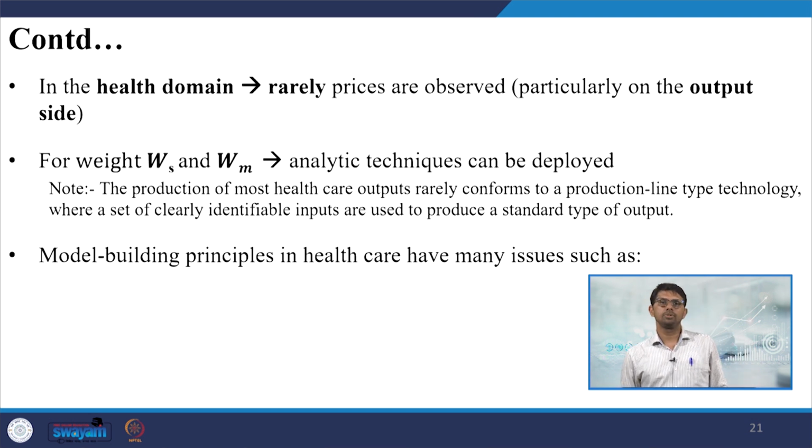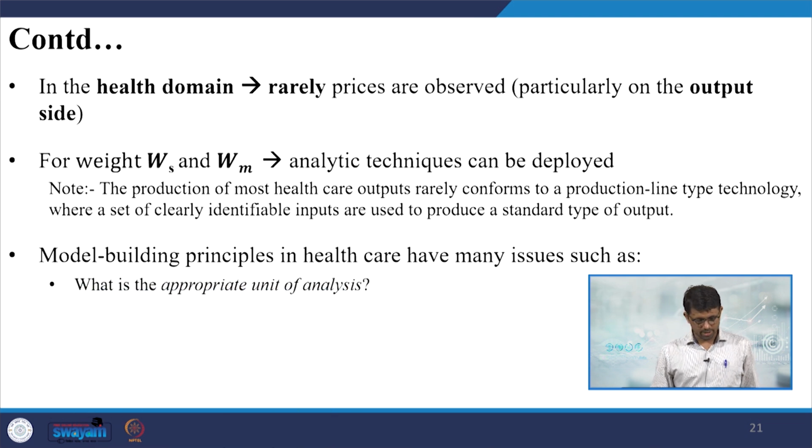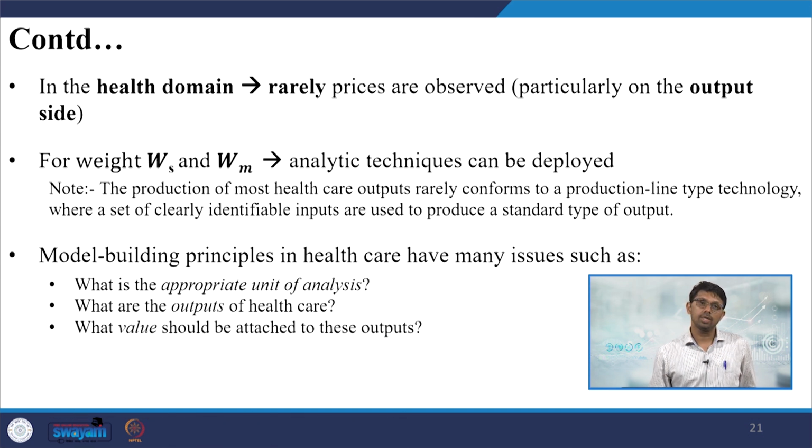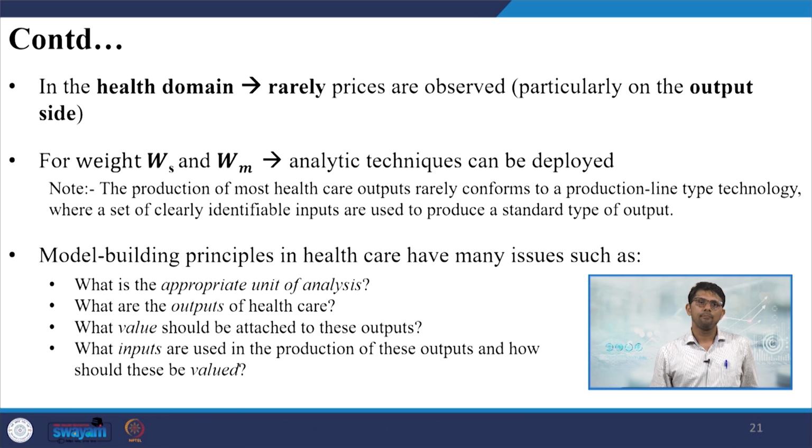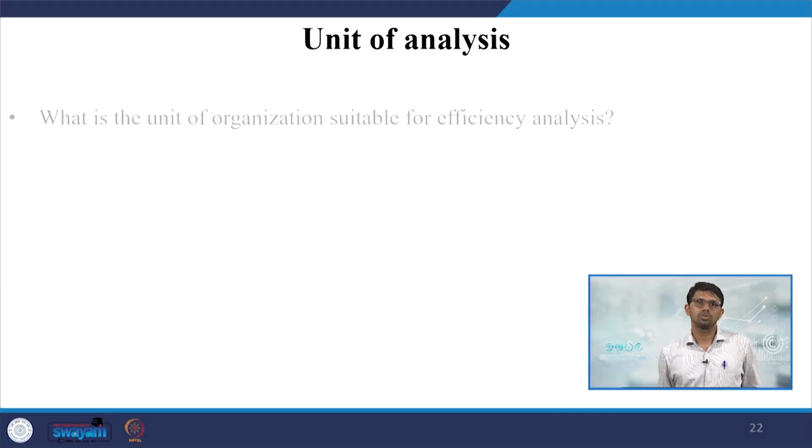Model building in healthcare has many issues, such as what is the appropriate unit of analysis, what are the outputs of healthcare, what value should be attached to the outputs, what inputs are used in the production of these outputs, and how should these be valued. What environmental constraints are faced should also be discussed.